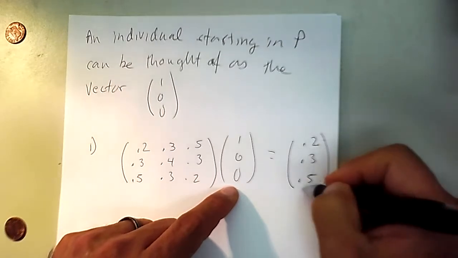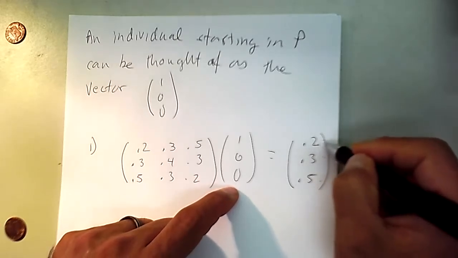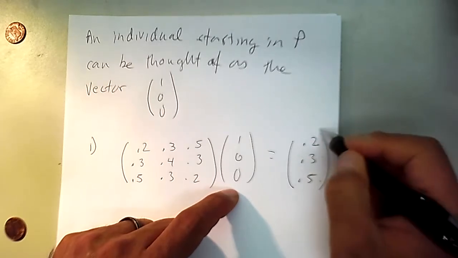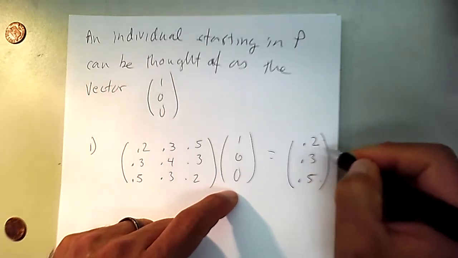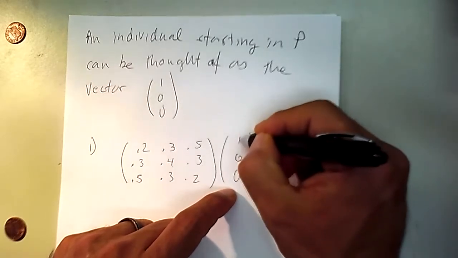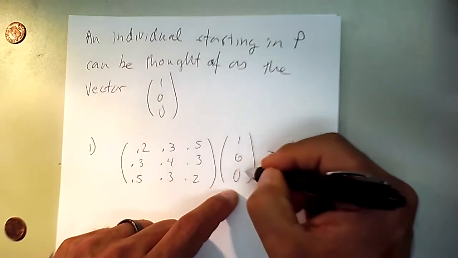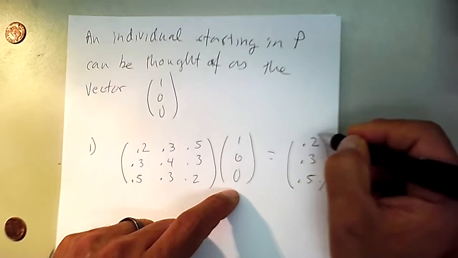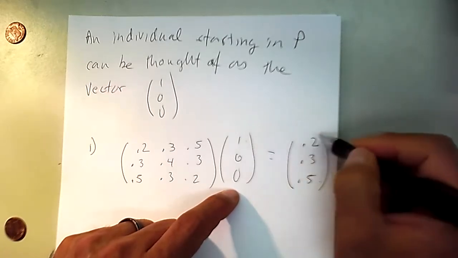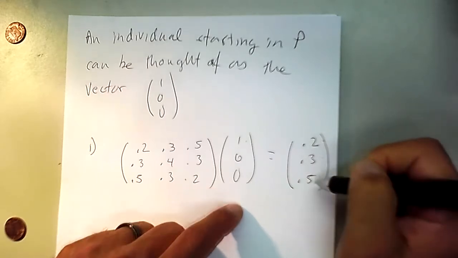So this vector tells us not only the probability that an individual starting in location P ends in location P, but this vector tells us the probability that an individual starting in location P, and this one means P. If the one was here, it would mean Q, and if the one was there, it would mean R. But this vector tells us the probability that if we start with P, we end up in P or in Q or in R.